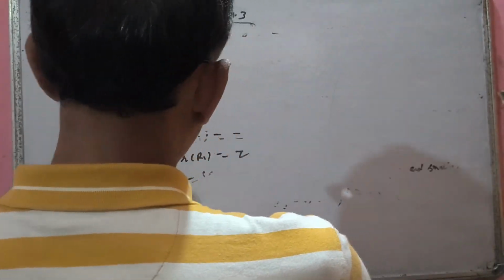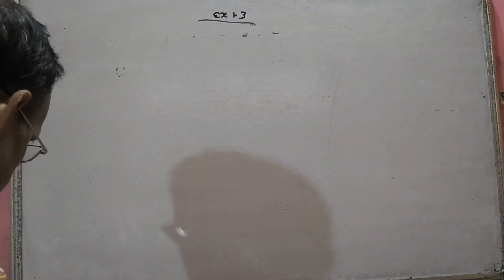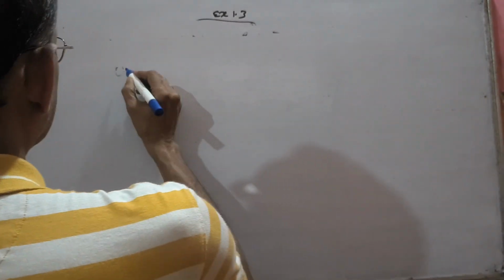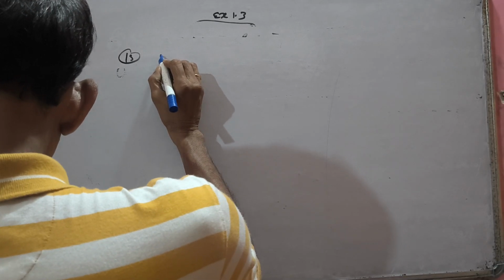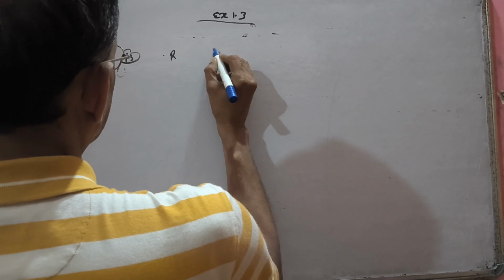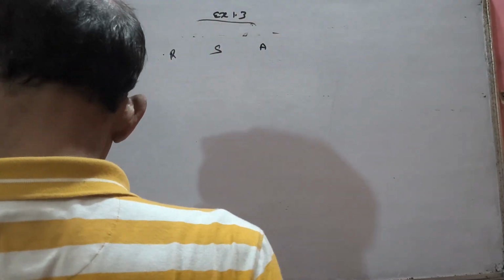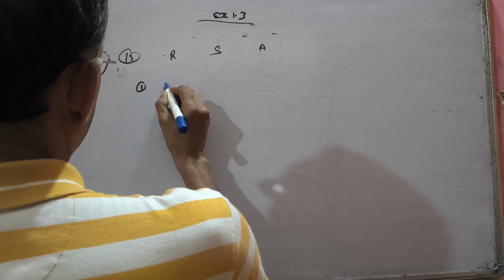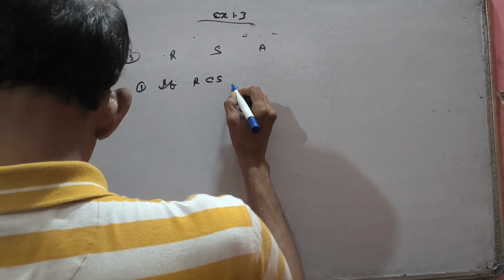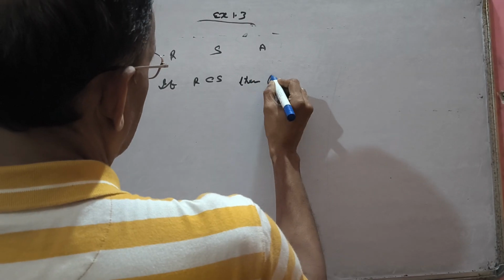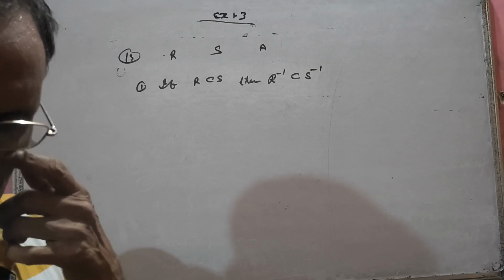Now can we go to number 13? Number 13. R and S are two relations on set A given. Now in number 1, given that R is a proper subset of S, we have to show that R inverse is a proper subset of S inverse.